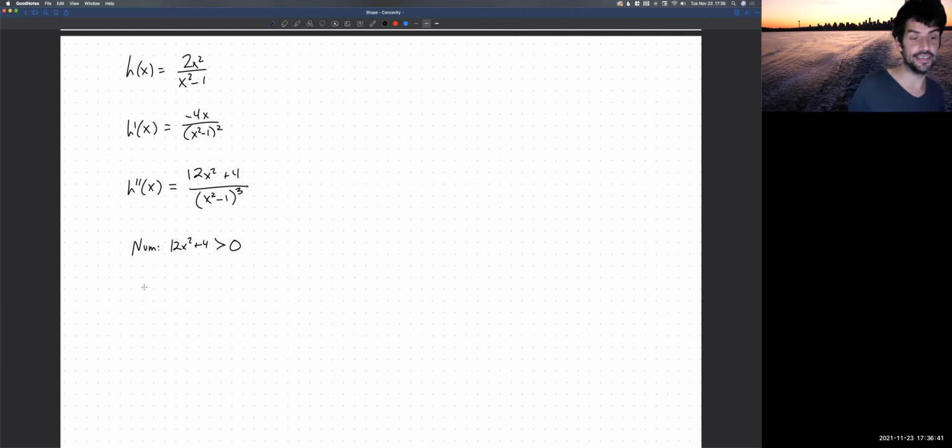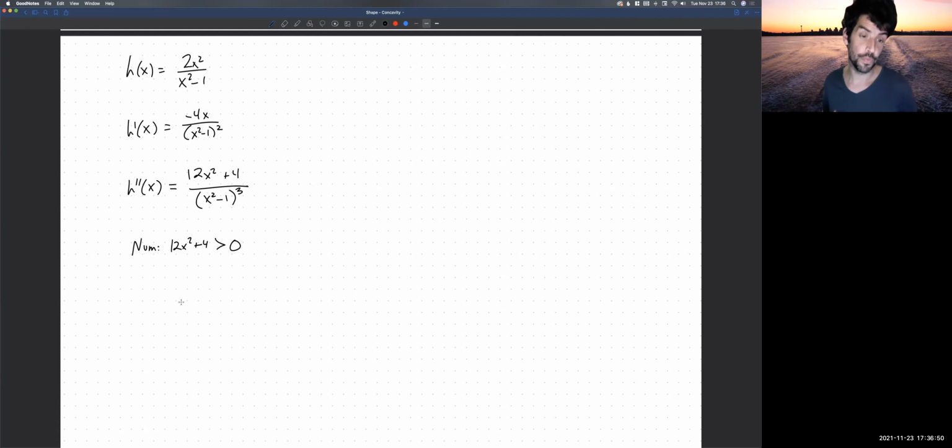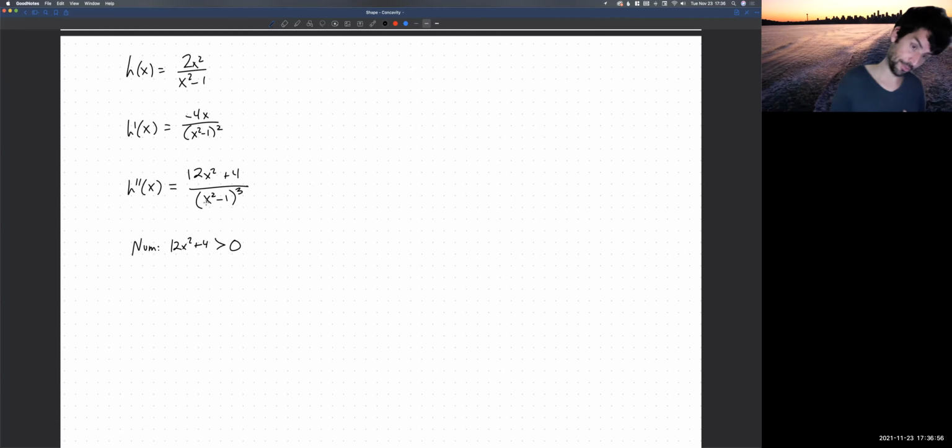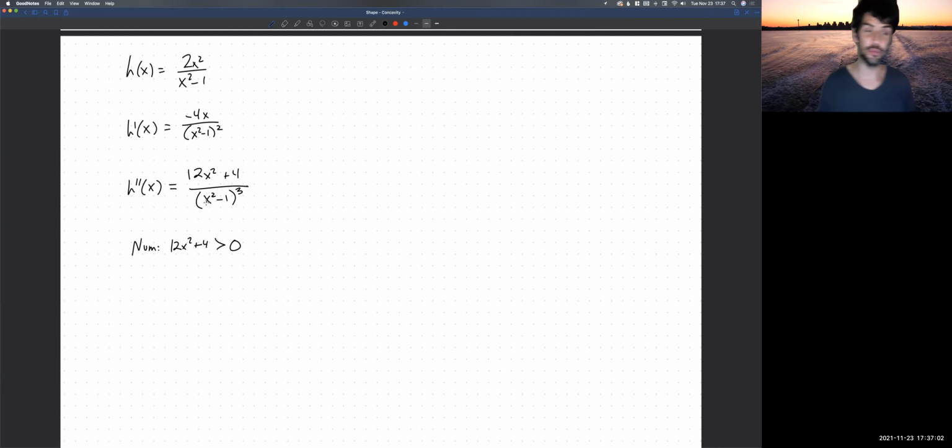So we really only need to think about the denominator to think about when it's negative. We have a cube, so whatever the sign of the inside is, the cube will be that. If x squared minus 1 is negative, x squared minus 1 cubed will be negative. If it's positive, when you cube it, it'll be positive. So we really just need to figure out the sign of x squared minus 1.